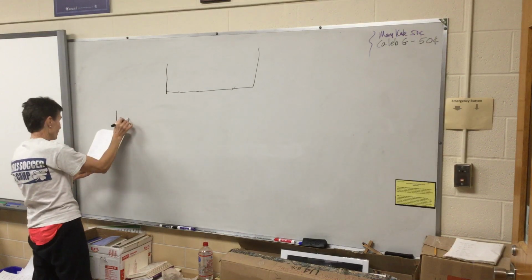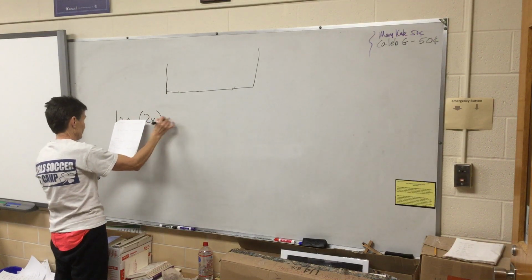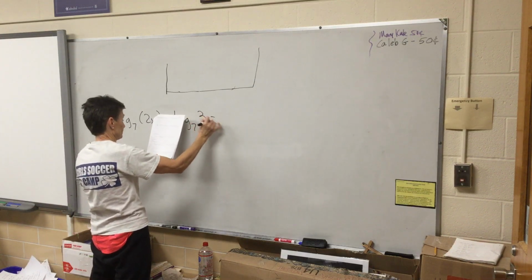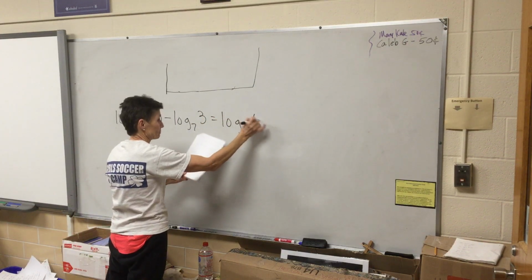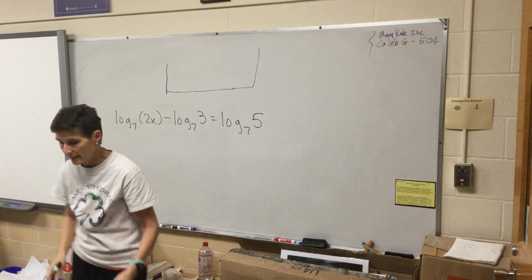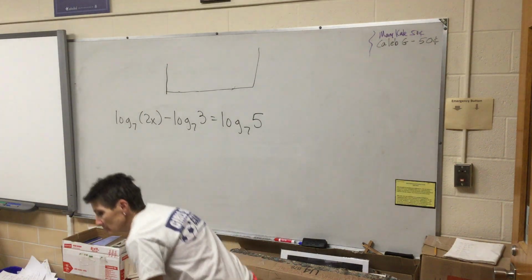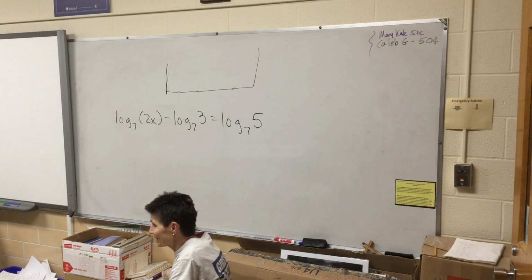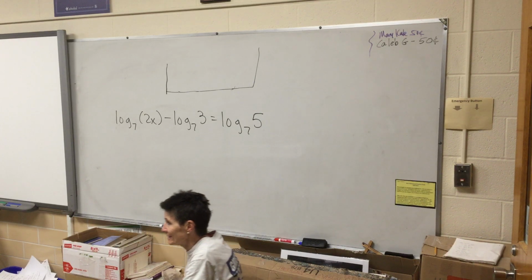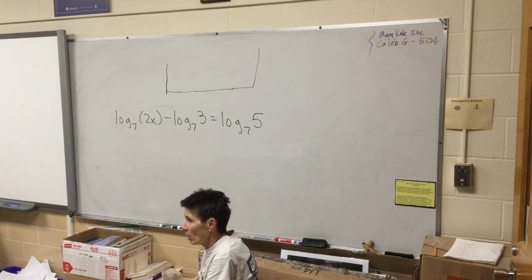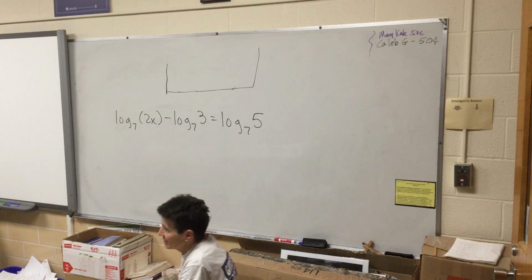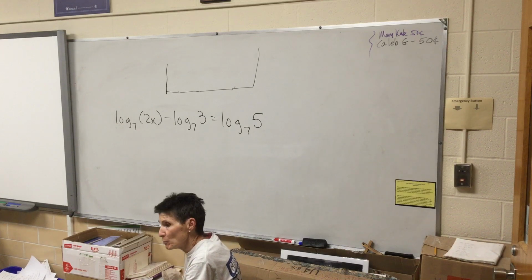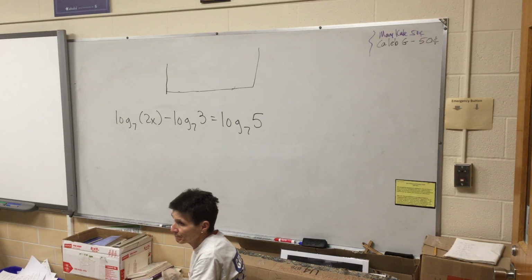E. Oh, this is a doozy. Sometimes I say really important things, and one of the really important things I said today is you cannot solve a logarithmic equation if you have more than one log on each side.